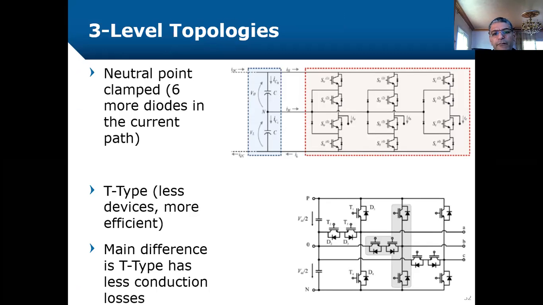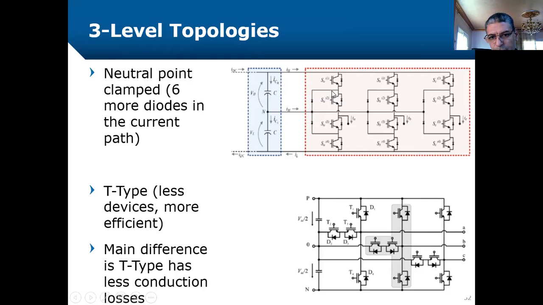In three-level inverter topologies, there are some old configurations and there are some modern configurations. Nowadays, there is what we call modular multi-level converter, which can give any number of levels you desire. But for all the implementation, there are two typical three-level topologies as described by this slide. The first one is a neutral point clamped configuration where we have 6 more diodes in the current path.